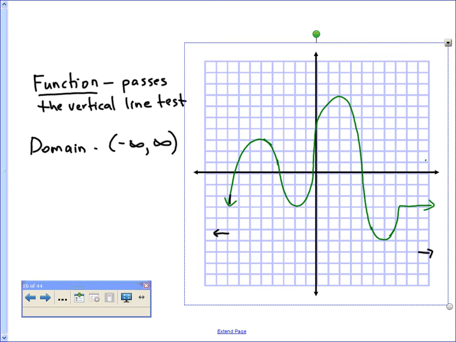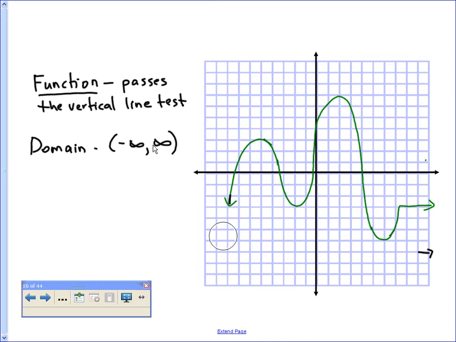Okay, now we need to talk about the range. Okay, so the range is the maximum and minimum y value on the graph. So if you look at how low does it go, then you know this arrow is going to continue here. So it's going to negative infinity in this direction. And then how high does it go up?